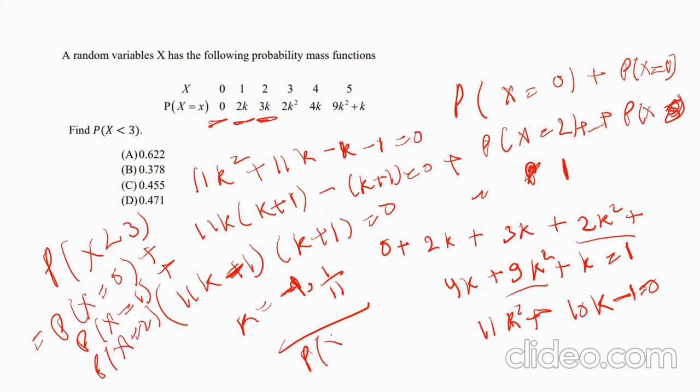So probability of x less than 3 will be equal to 2k plus 3k plus 0, which will be 5k. So it will be 5 by 11. What is its value? It is 0.4545. You can write it as 0.4545. This will be the answer.